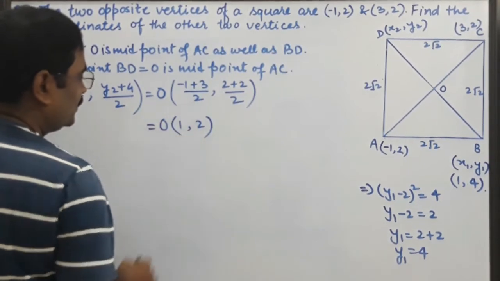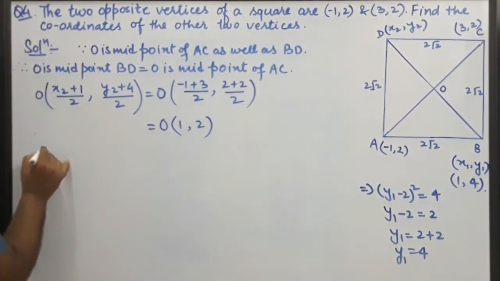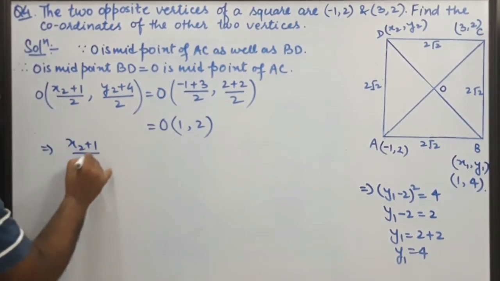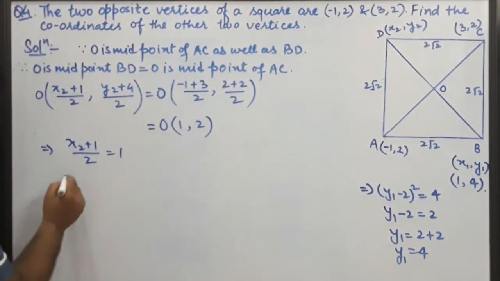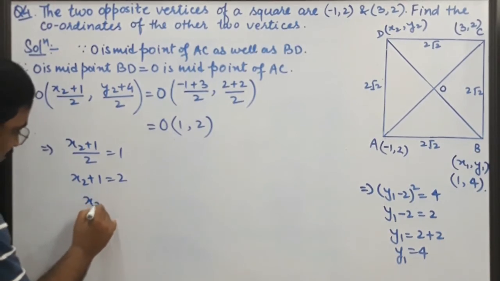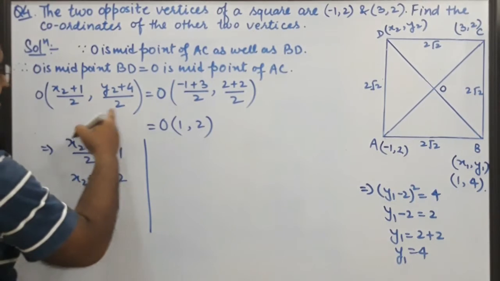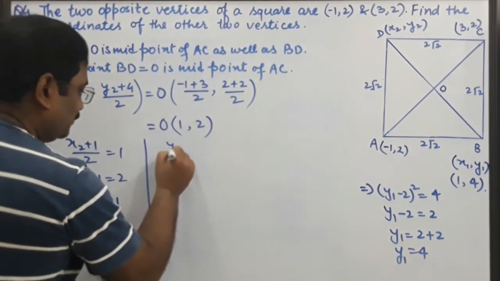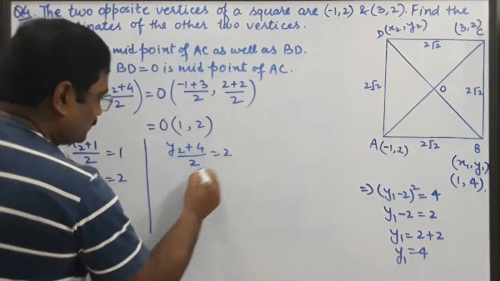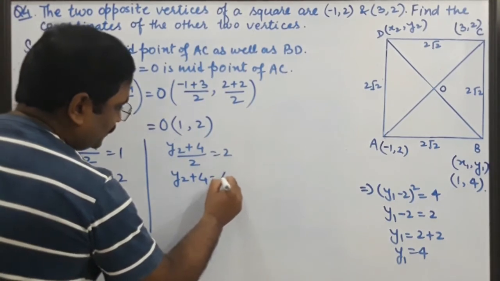Therefore now as they both are equal, we can get x2 plus 1 upon 2 equals to 1. So you will get x2 plus 1 equals to 2. Therefore x2 is equal to 1, and the y coordinates are also the same. So y2 plus 4 upon 2 is equal to 2, y2 plus 4 equals to 4.